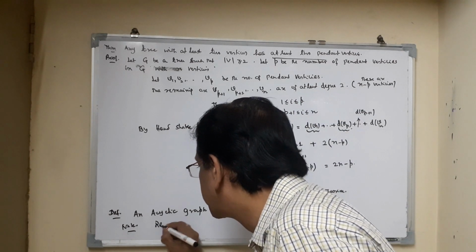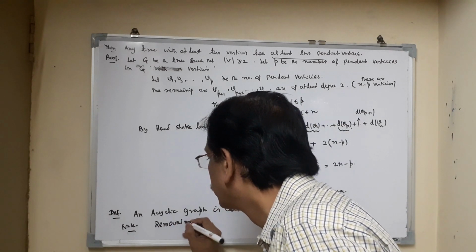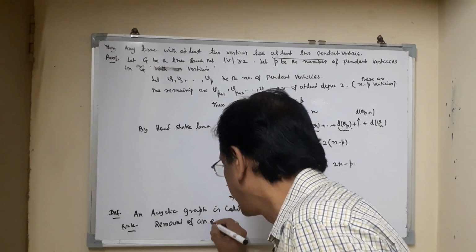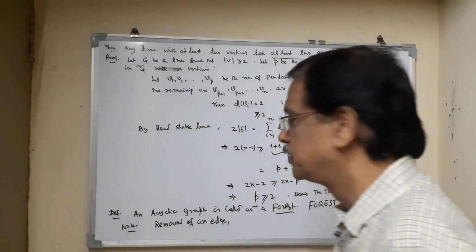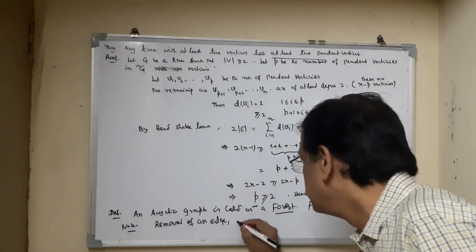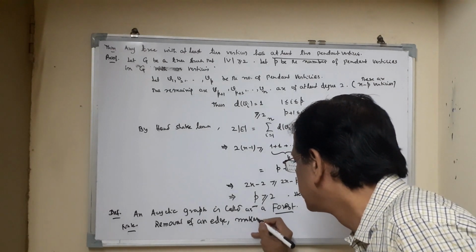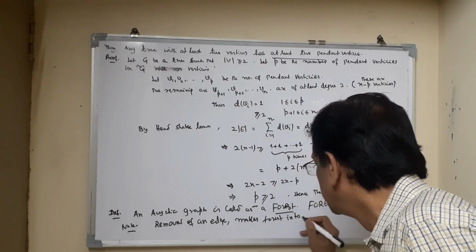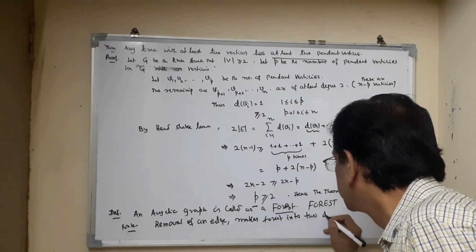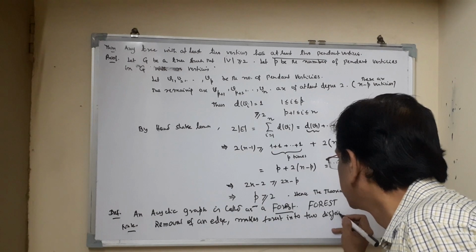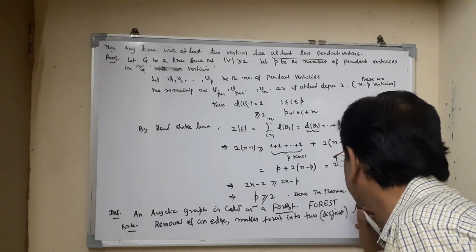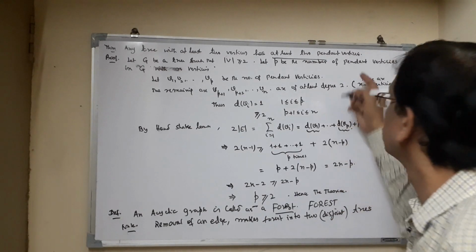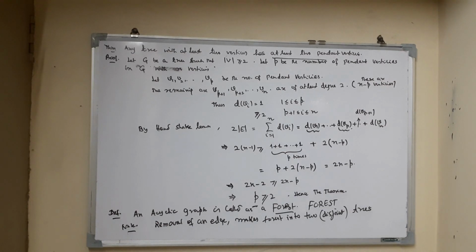Removal of an edge, one edge I am talking about, makes a tree into two disjoint trees. That's what I have done in the earlier theorem.